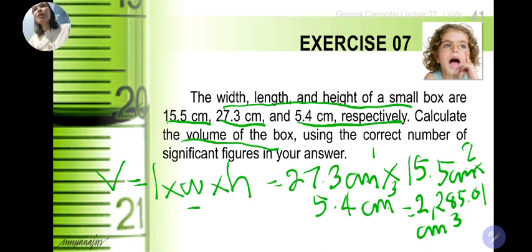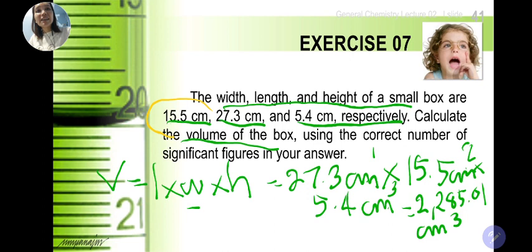So, what rule will we follow for significant figures? Diba ang sabi, for multiplication and division, the number of significant figures of our answer should be the same as the given figure having the least number of significant figures. So, in this case, which one has the least number of significant figures?